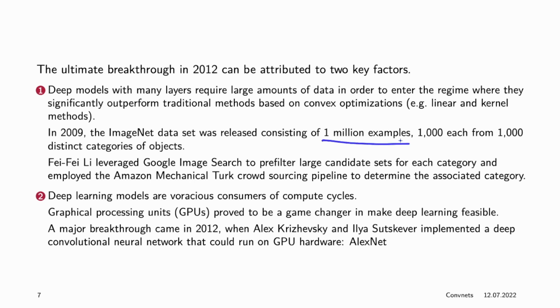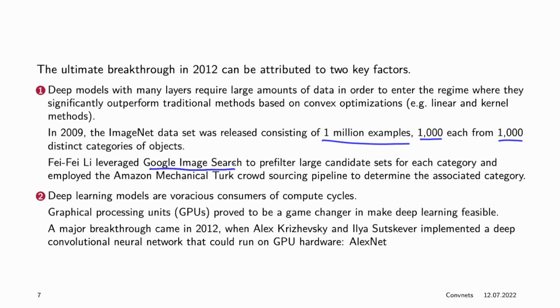The first one was that there was this large data set, namely ImageNet, which was released in 2009, and it had 1 million examples where you had 1,000 images from each of 1,000 different classes.